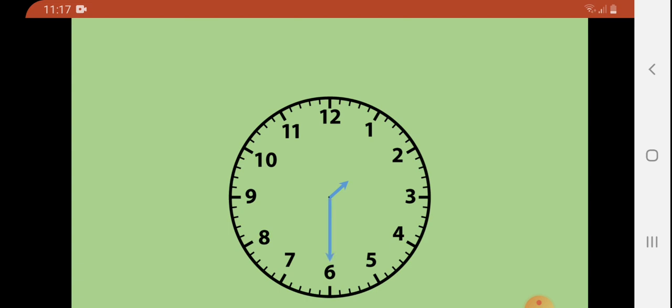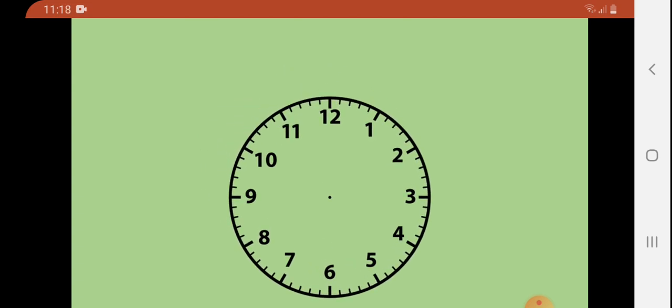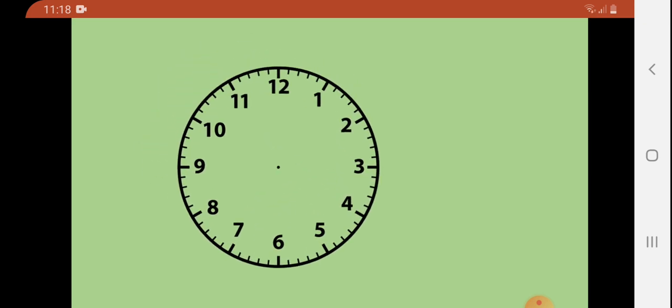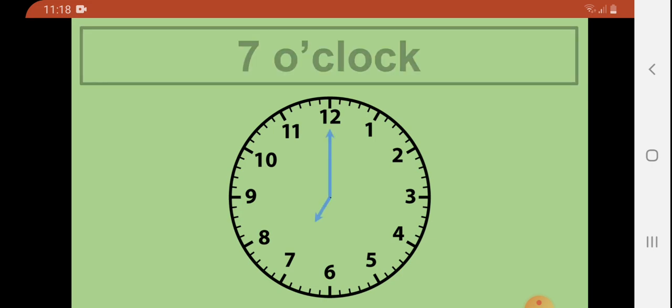Minute hand facing the number 6, that's 1:30. The minute hand is facing number 6 again, the shorter hand between 5 and 6. I'm allowing you time, a couple of seconds. Time is up. The time's 5:30. 7 o'clock.